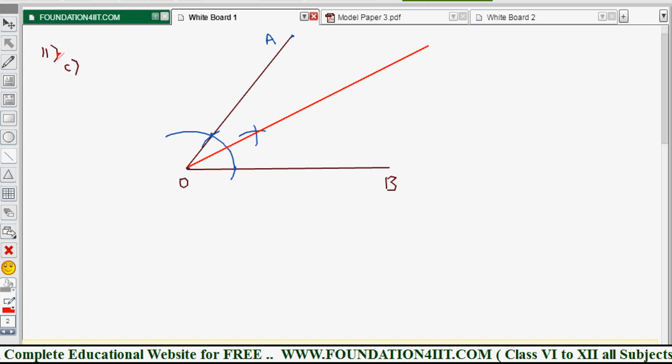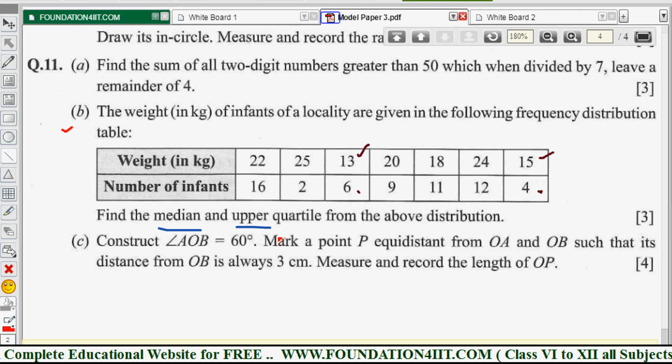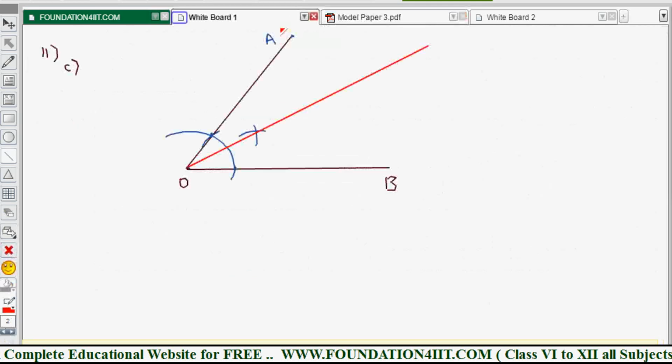Okay, let me angle bisect. So draw the angle bisector, and draw a line parallel to OB at a distance of 3 centimeters from OB.